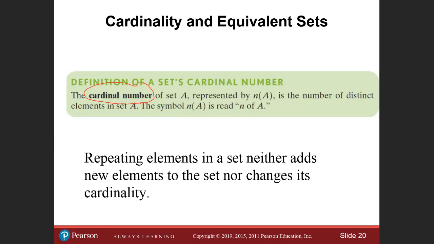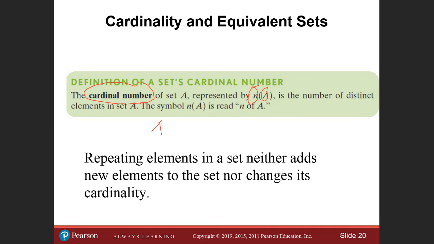Okay, so we have a symbol n to represent the cardinality of your set. So A here is a set. If saying the cardinal number of A, just count the elements of A actually. So that's what it means.